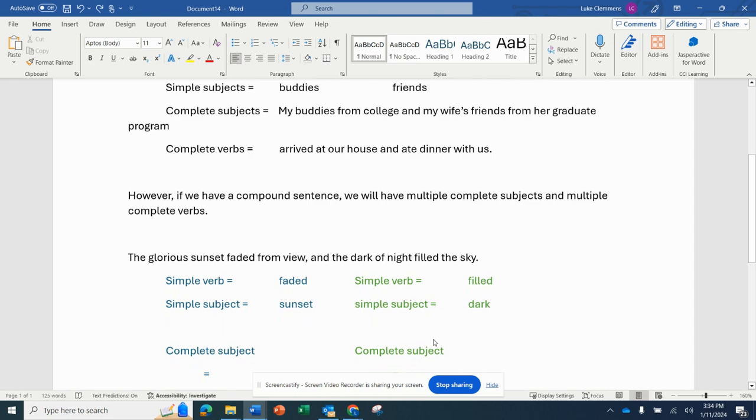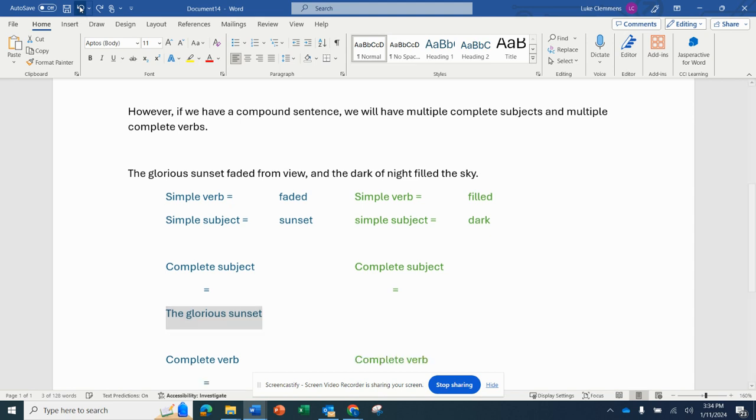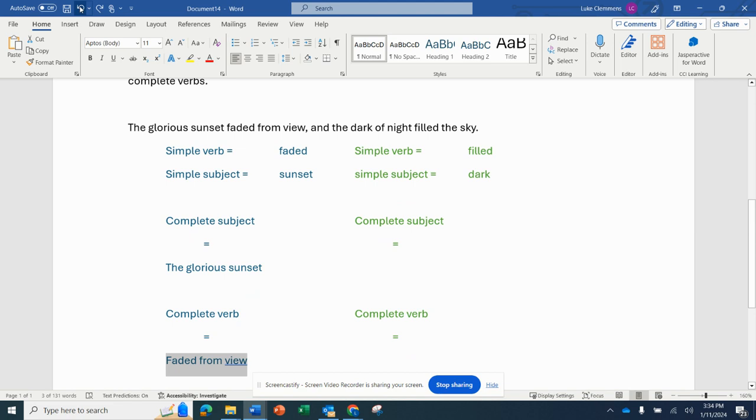So what this means is we're now going to have two different complete subjects. So the complete subject for sunset is going to be the glorious sunset. The complete subject for dark is going to be, oh, sorry, got them out of order here. The dark of night. Okay, the dark of night, that's the complete subject for dark.